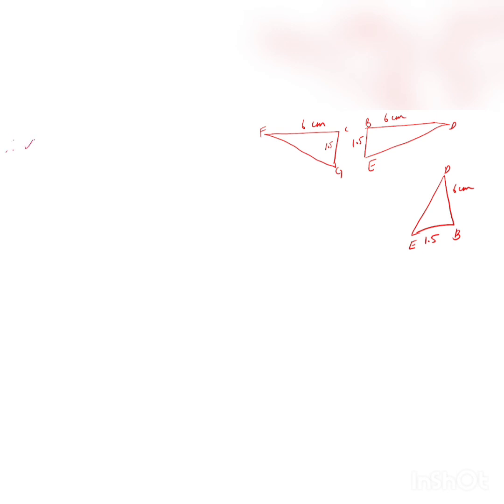Therefore you can write area of triangle CFG is equal to half into base into height. Clear? I'm able to use this formula because I know the base, which is 1.5, and I know the height of the triangle, which is 6 centimeters. So half into 1.5 centimeter into 6 centimeter.